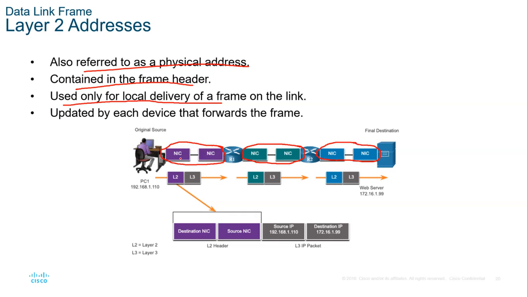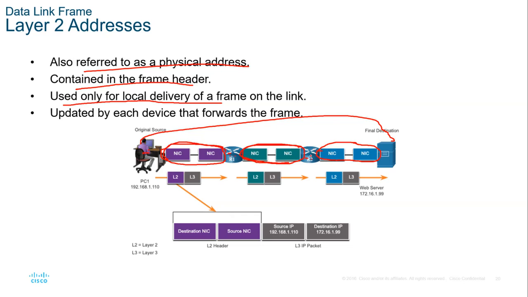Now, when you look at this, this computer is trying to reach the final destination, but its MAC address will only be used on this network. Once router 1 receives the packet, it replaces the MAC addresses with the MAC addresses of the next network.